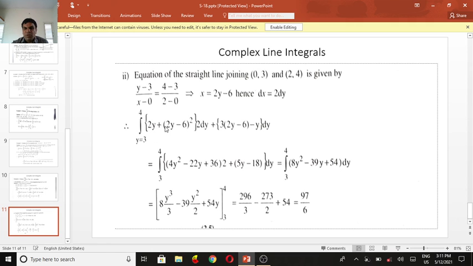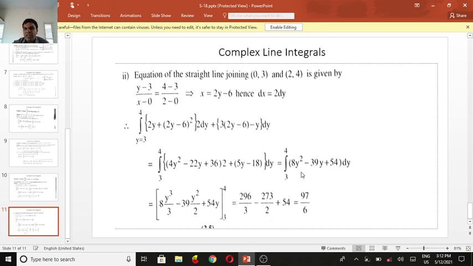We get (2y + (2y - 6)²) times 2 dy, since dx is 2 dy, plus (3(2y - 6) - y) dy. Totally simplifying, with y from 3 to 4: (4y² - 22y + 36) times 2 plus (5y - 18) dy. Opening the brackets and simplifying, we get 8y² - 39y + 54.